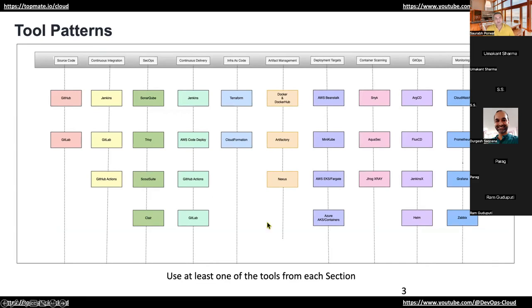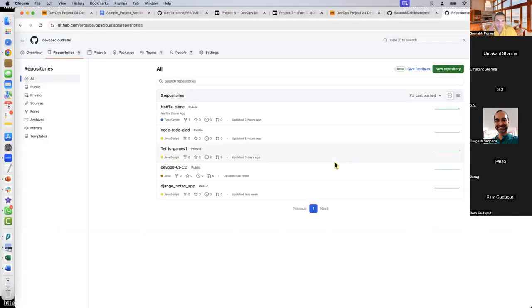They do not have any integrations with SecOps. Currently, they are not using infrastructure as code. They're not using any container scanning. Probably there is no monitoring involved in it. Even GitOps is missing. So these projects will just stand up as a problem statement to you.